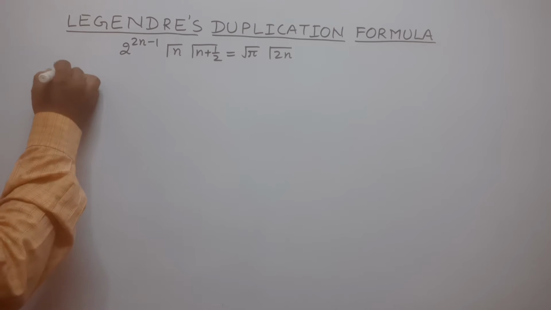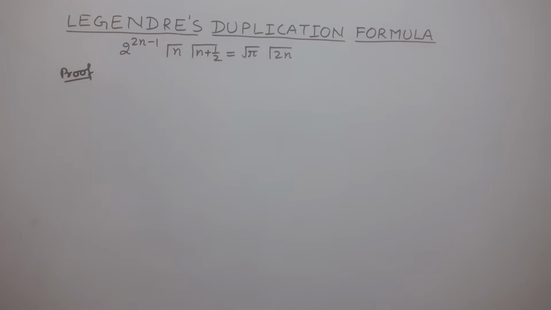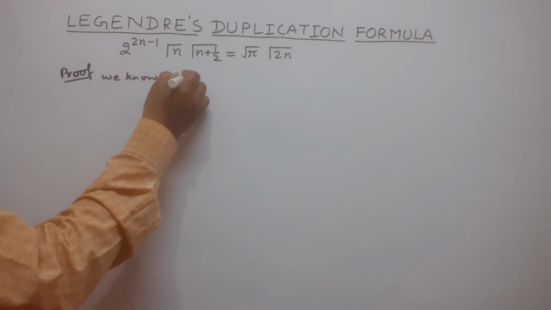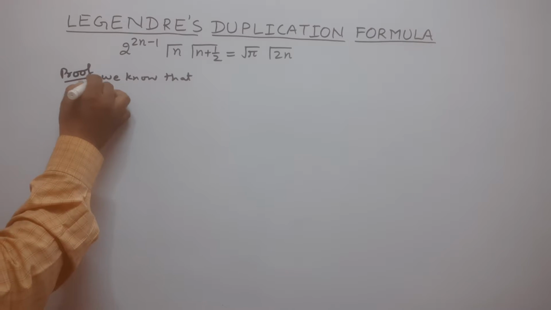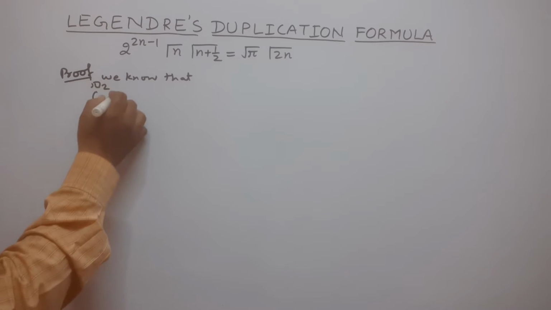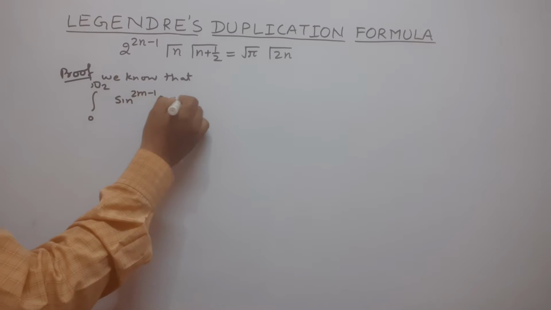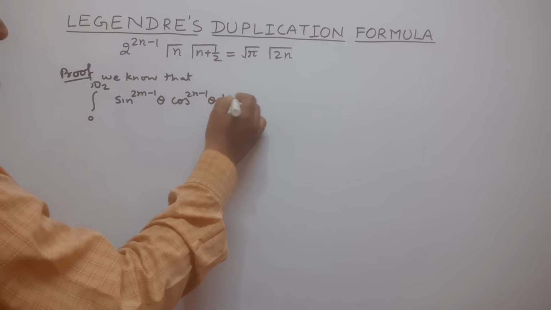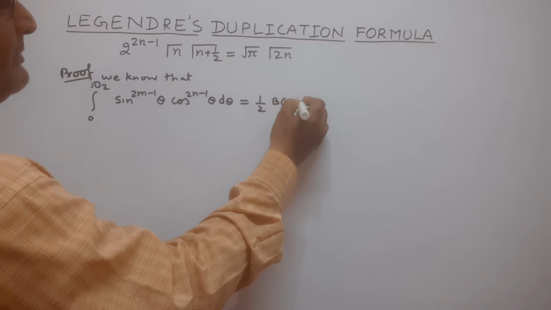So now we start the proof of Legendre duplication formula. Since we know that another form of beta function is integral from 0 to pi by 2 of sin to the power 2m minus 1 theta multiplied by cos to the power 2n minus 1 theta d theta is equal to 1 by 2 beta m n.